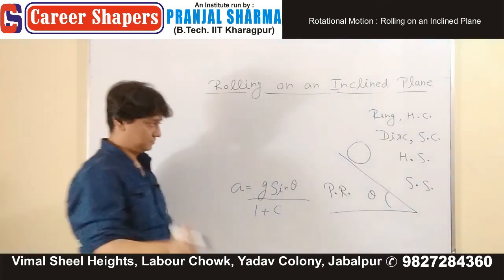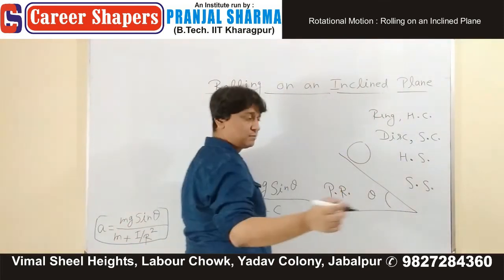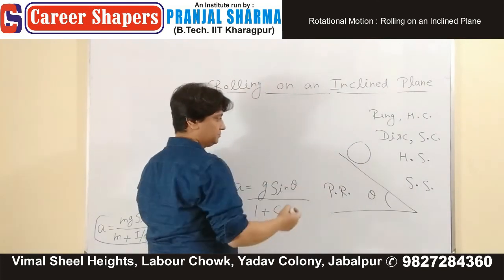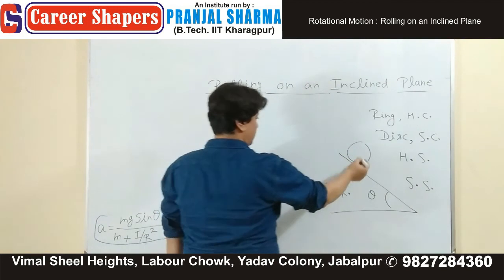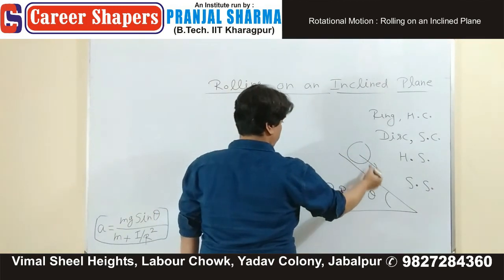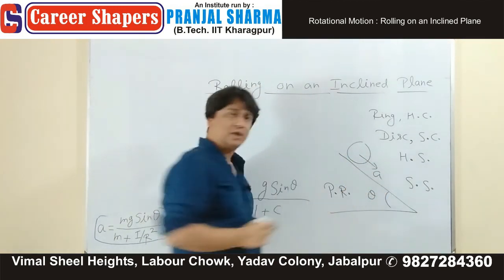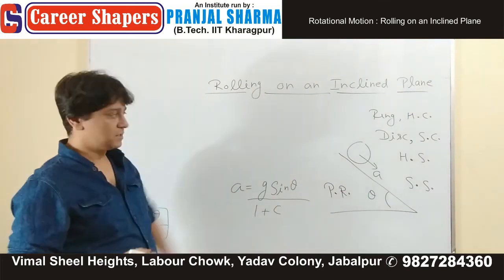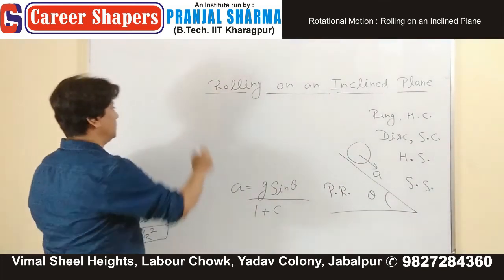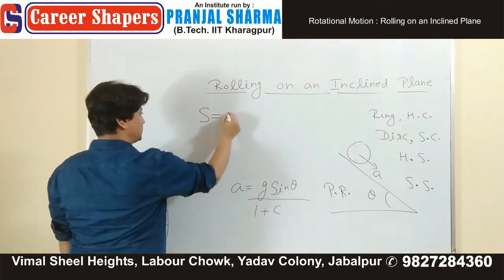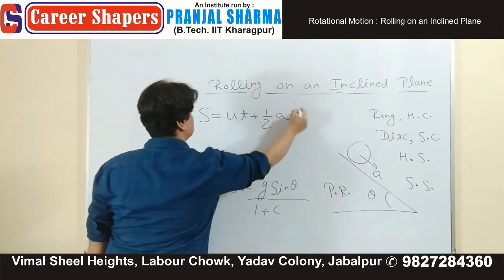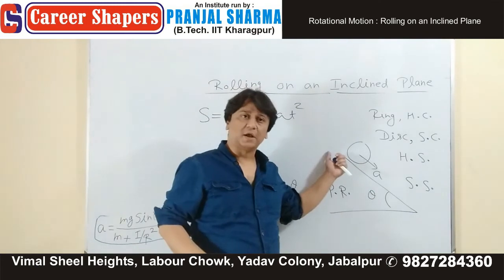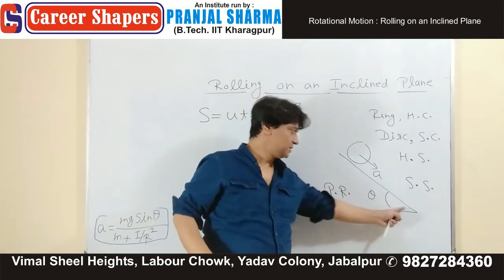Good. One of you has answered correctly. Look here. This is coming down with acceleration a. How do you decide time? s equals ut plus half at square. हमने सारी की सारी bodies को एक ही जगह से release किया है.